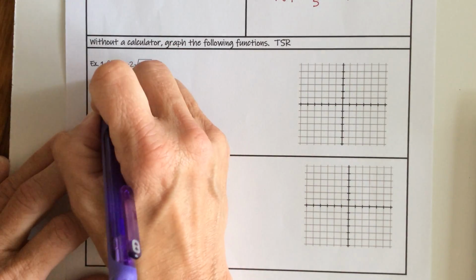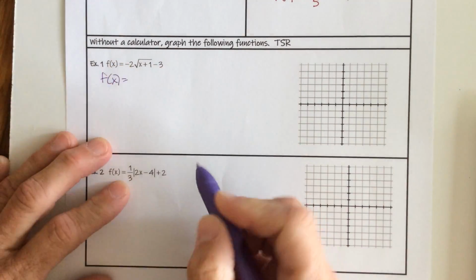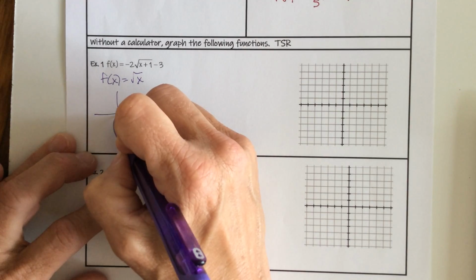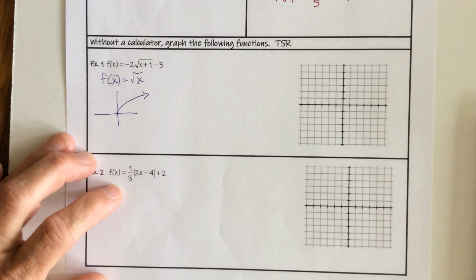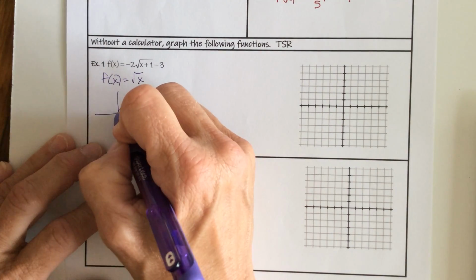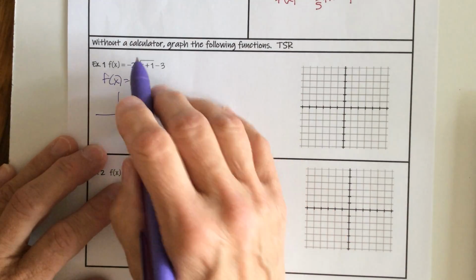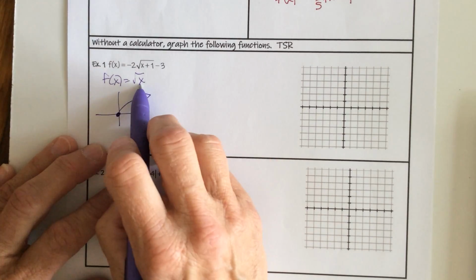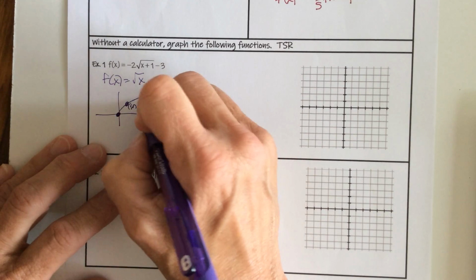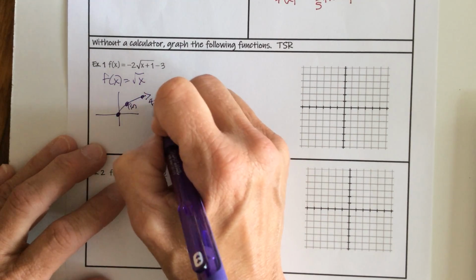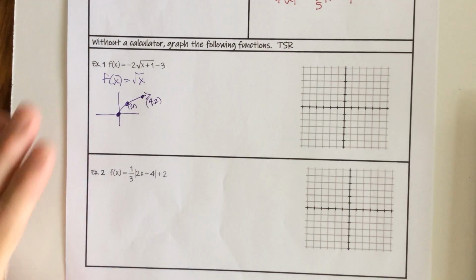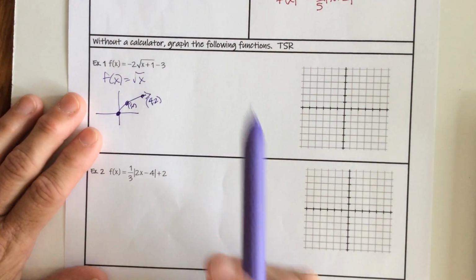The parent function for this would be f of x equals the square root of x, and we should know that the graph of the square root of x looks like this. Here we have a point at 0, 0. We have a point for the square root of x at 1, 1, and then we have a point at 4, 2. I'm just remembering what the parent function looks like.